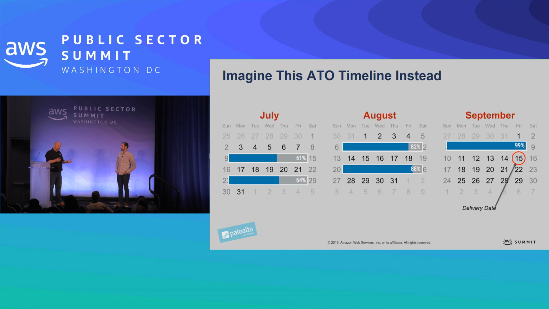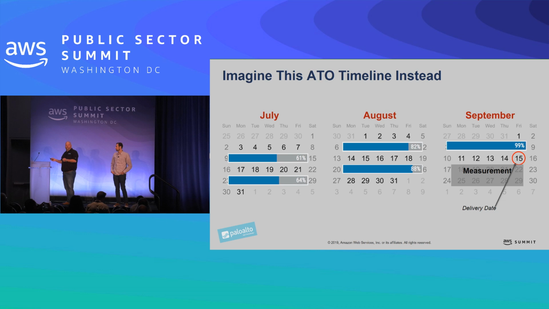We've implemented security into our DevOps process, and now we're further along in the process, right? July isn't such a panic. And the fact of the matter is, we're able to do our final measurements in September, right? After enjoying a nice long summer vacation, because we've been tracking the state of our compliance automatically, right?